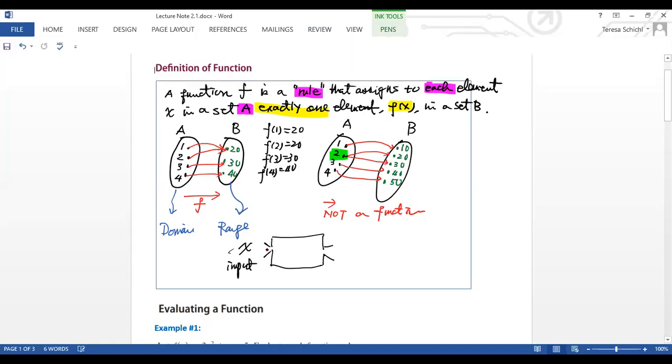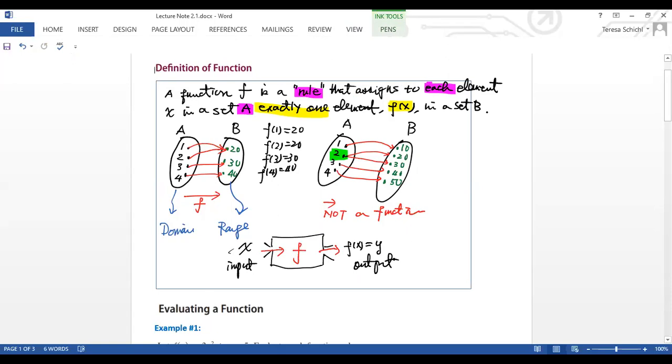Then your X goes inside the machine, where you have a certain function, that means a certain rule. Then what comes out is f of x, or some people say y. This is my output. All right, so that's basically the function.